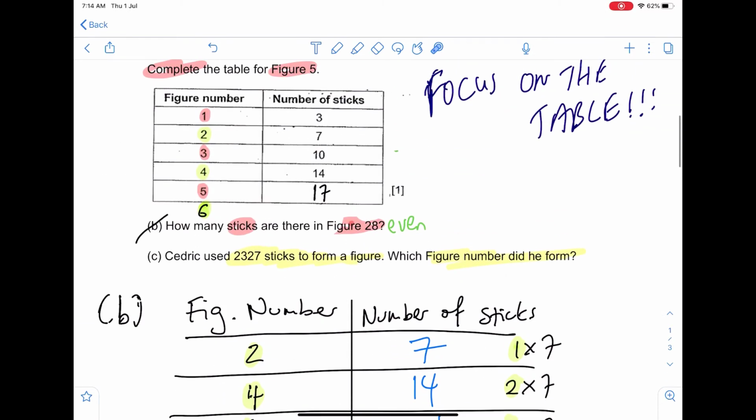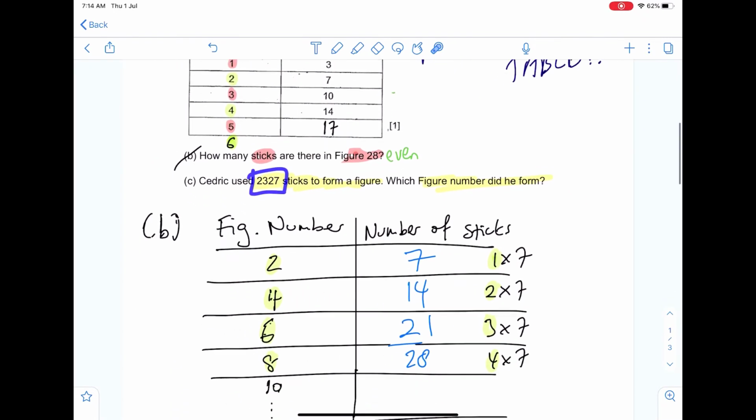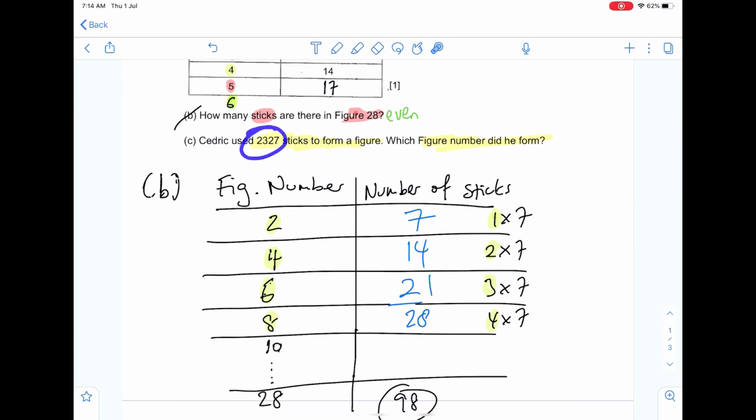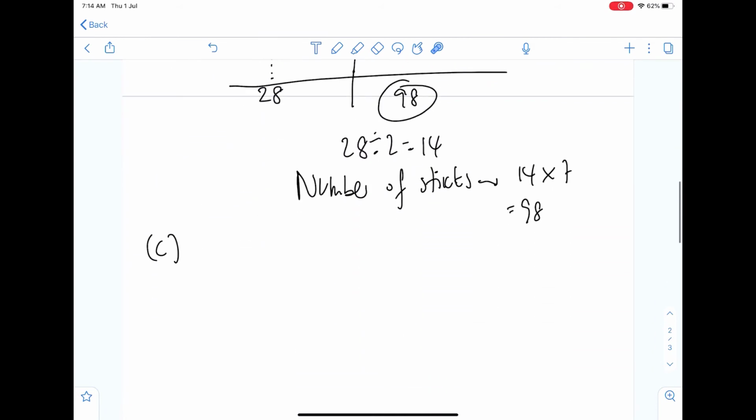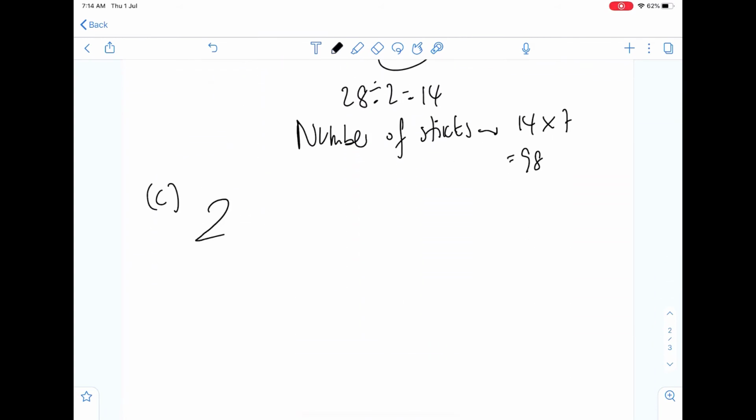So to do part C, we first check if this number is a multiple of 7. If it is, then we know that this figure number is an even figure number. If it isn't, then we have to employ another method to focus on the odd figure numbers instead. So 2,327 divided by 7. Moment of truth.